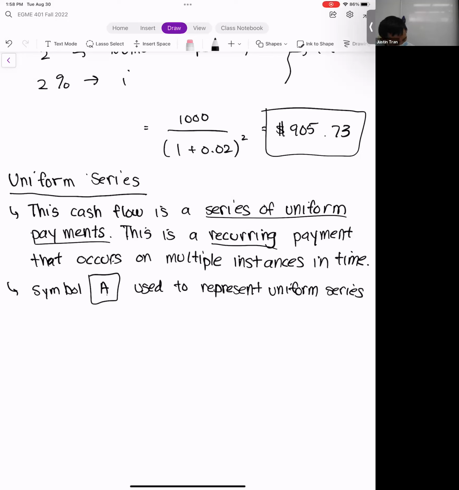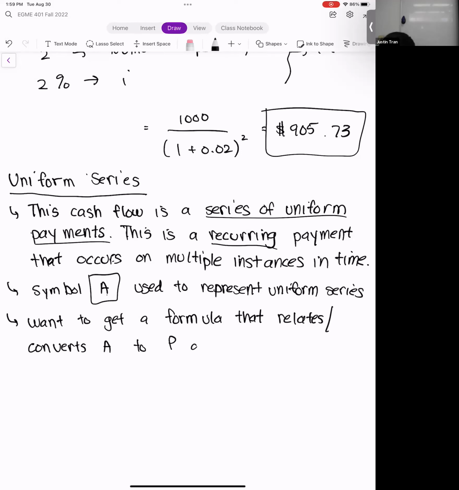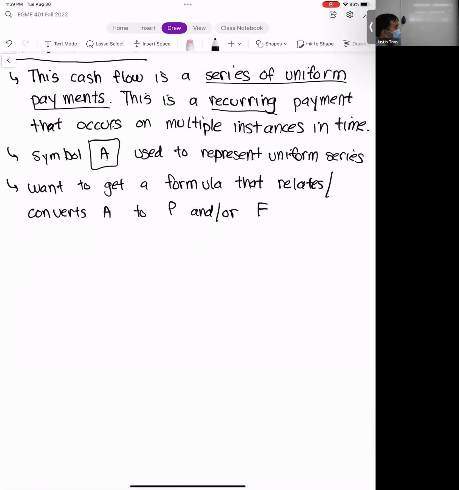Okay, and so what we're going to do is compute or derive very quickly a formula for A that relates it to P and F. Because right now we have a formula that relates F and P, and that's our compound interest formula.